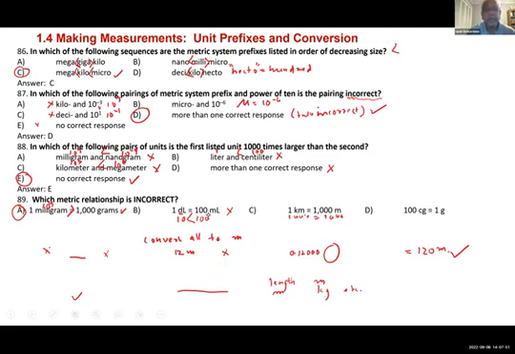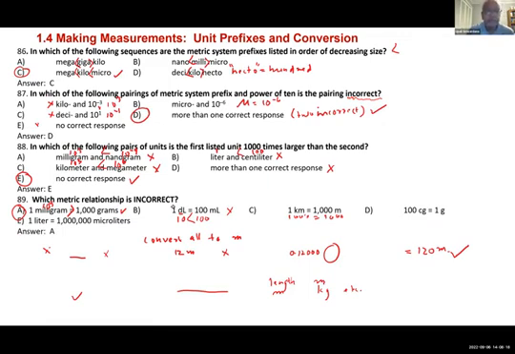This is correct. That's incorrect. That's correct. That's correct. 1 decimeter is 1 milliliter. There are 2 questions. 1 liter is microliter. That's correct.